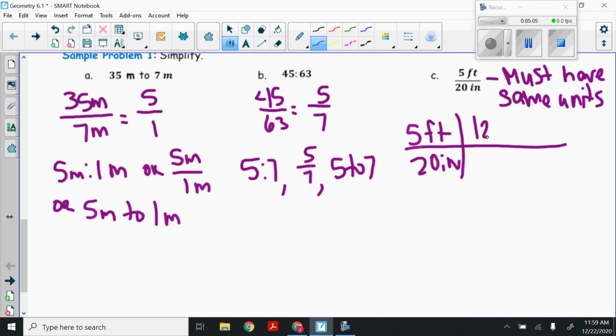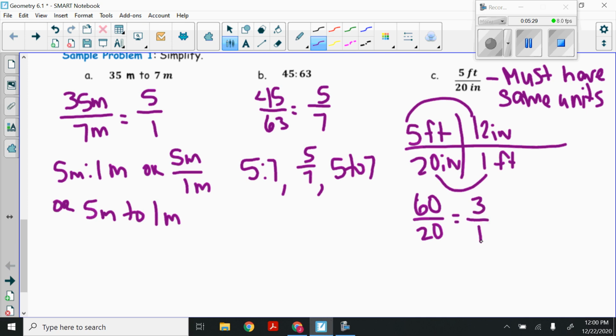I know that there are 12 inches in 1 foot. So that's going to get me my inches. On top I would do 5 times 12, so that gives me 60 over 20 times 1, 20. So that becomes 3 to 1.